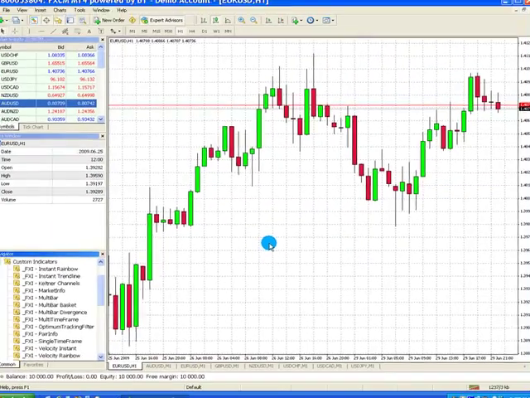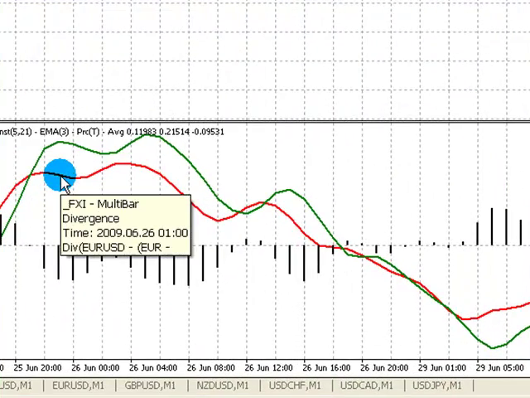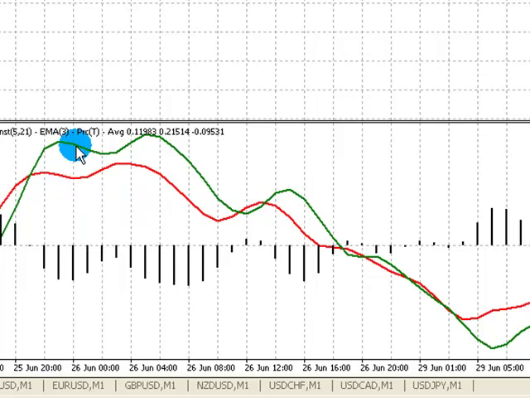We'll hit OK. You can see that what comes up is a histogram here, a red line, and a green line. The red line is the momentum or strength of the move of the euro dollar itself. So in this case, where my cursor is, it's at a positive 0.26%.